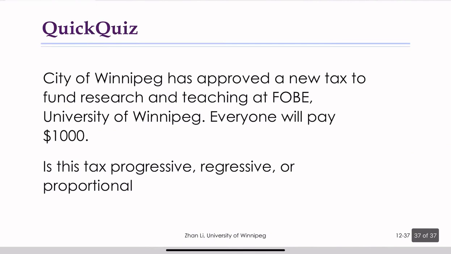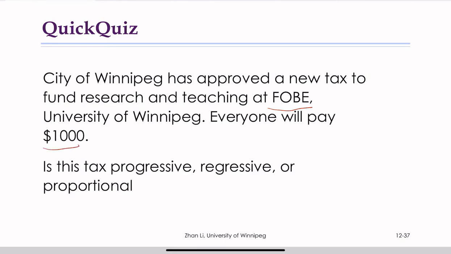Okay, the last question. The City of Winnipeg has approved a new tax to fund research and teaching at FOBE. So everyone will pay $1,000. Is this tax progressive, regressive, or proportional?